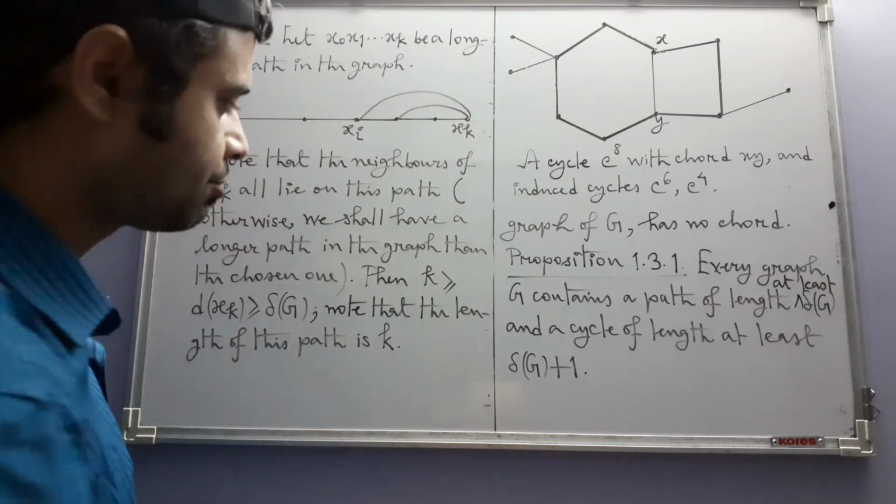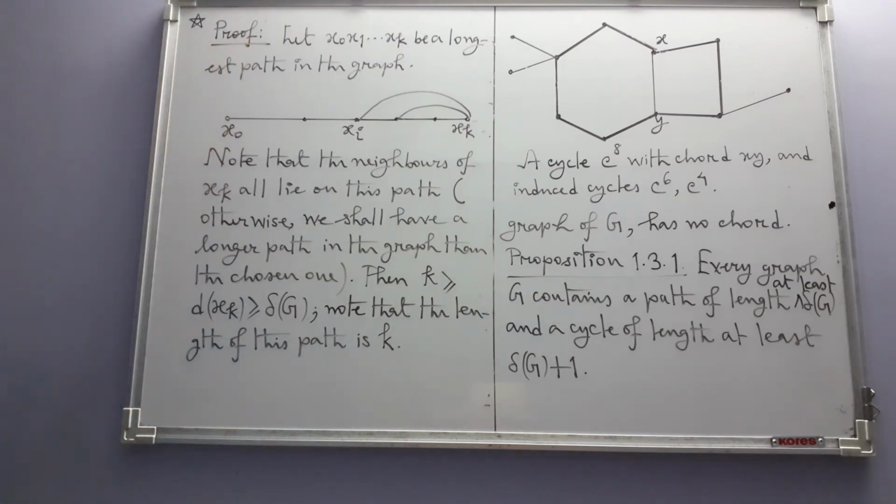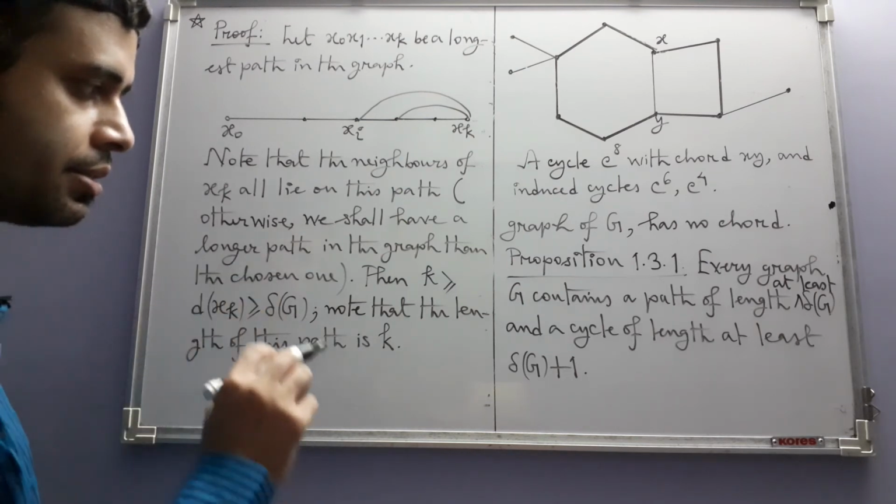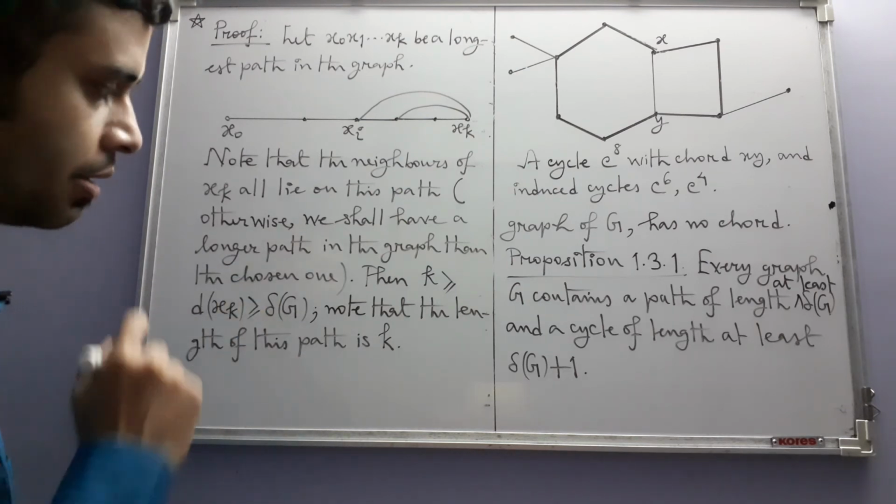So things are fine. But now we have to argue that there is a cycle whose length is at least delta G plus 1.